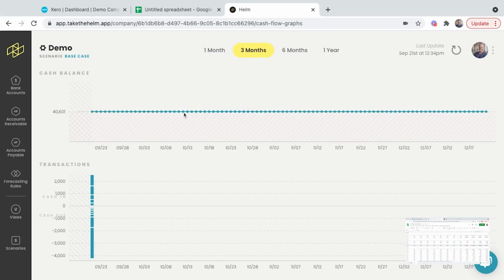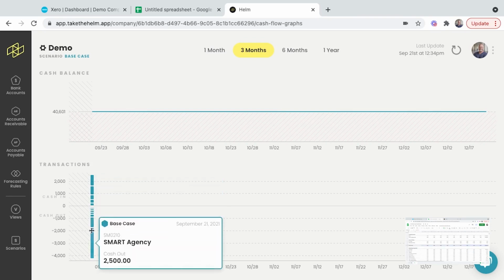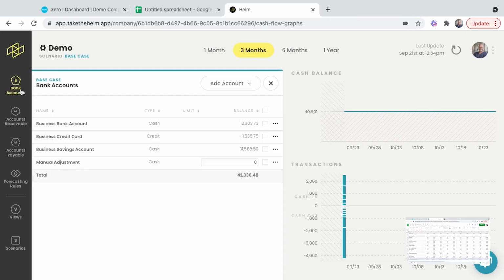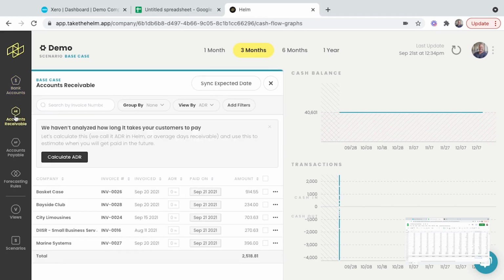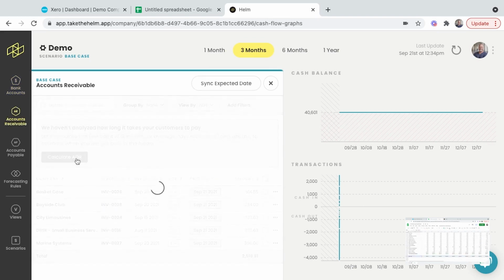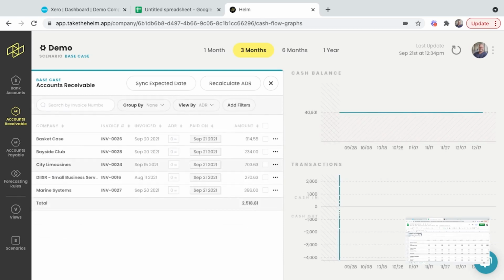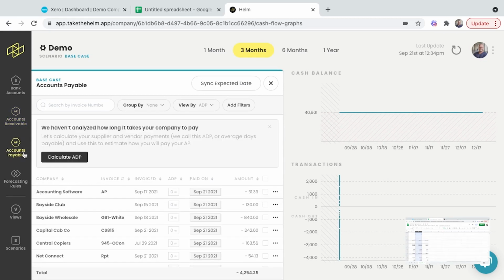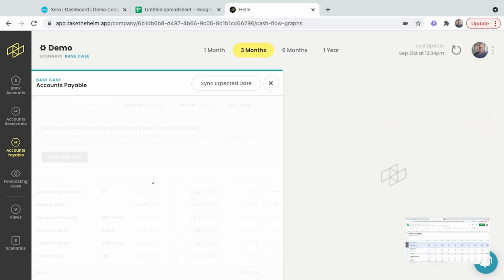So here we can see our cash balance over time, as well as some very basic transactions. So we've got our bank accounts and credit cards here, our accounts receivable. And what I'm telling the system to do here is calculate how customers pay this company. And for this particular demo company, all these customers pay on demand. And now what we'll be doing is asking the system to do the same thing, but for bills, for payables.